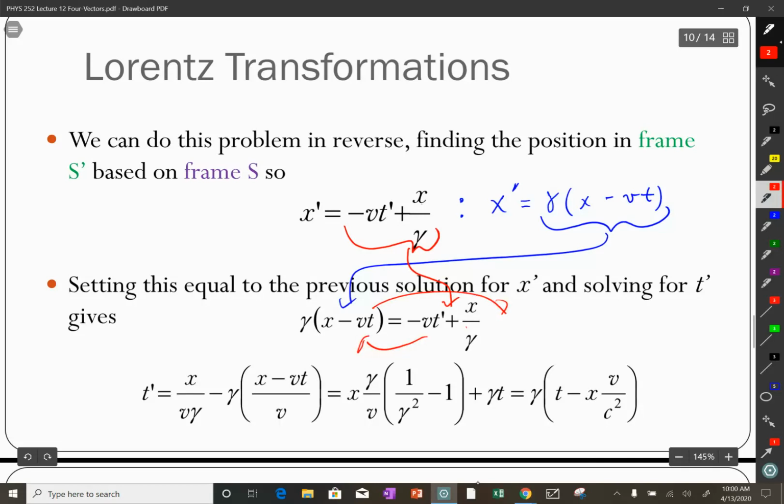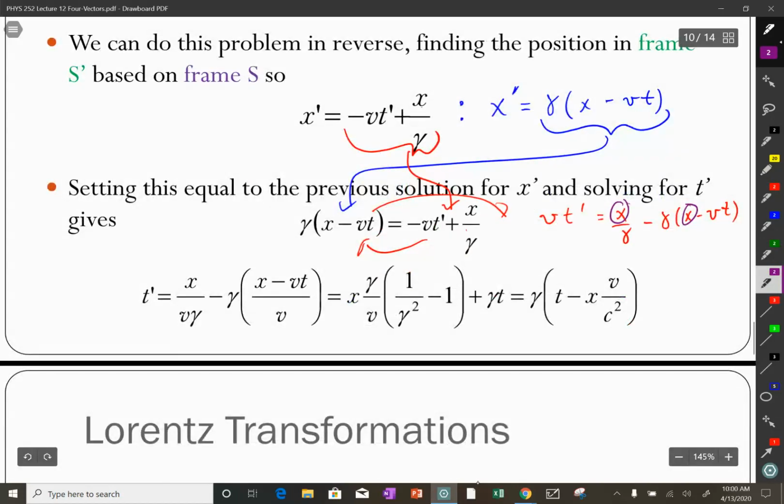So I have VT prime is equal to X over gamma minus gamma times X minus VT. Well, I have X in 2 places, X here and X here. So I want to combine those.